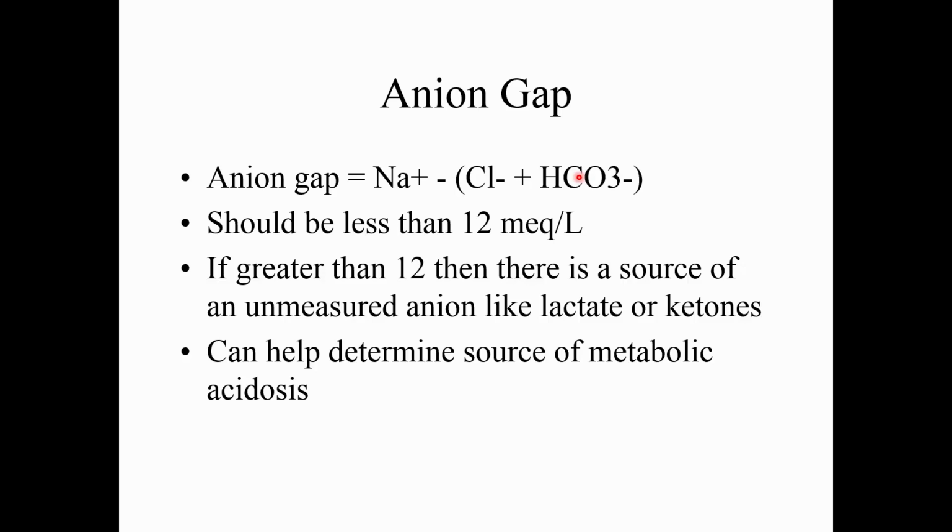We measure these main three. But if you calculate the anion gap, and there's something wrong with your anion gap, that indicates there's an anion that's getting added to the system that you didn't otherwise know about. So maybe you're adding lactate, or you're adding ketones.